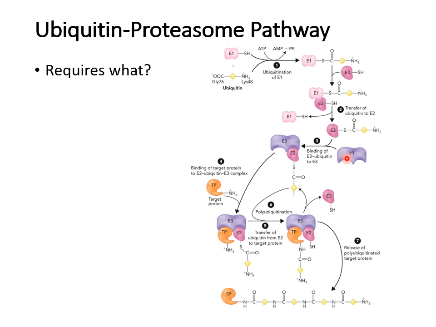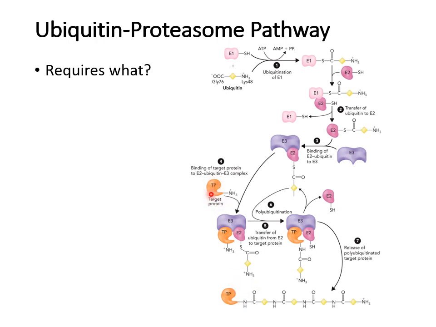Okay, so basically, what's happening is you see here you end up with that ubiquitin tag. You have the enzyme 1 and then enzyme 2 targeting, where you get a transfer of ubiquitin to enzyme 2. You then see the binding of that complex to enzyme 3, and you end up having ultimately a process where you get so many ubiquitin residues, ubiquitin tags linked together to that target protein.